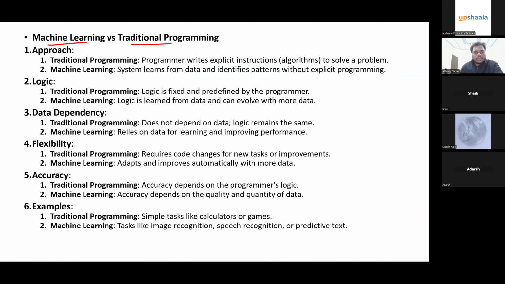If we talk about the approach, in traditional programming the programmer writes explicit instructions, these are hard coded lines, or an algorithm to solve the particular problem. But in machine learning, our algorithm learns from the data and identifies the kind of pattern.